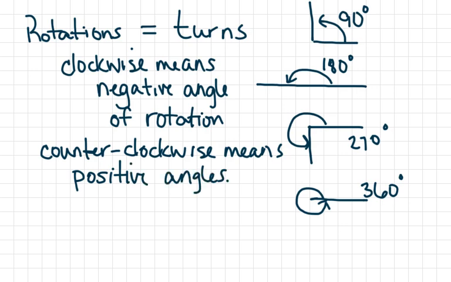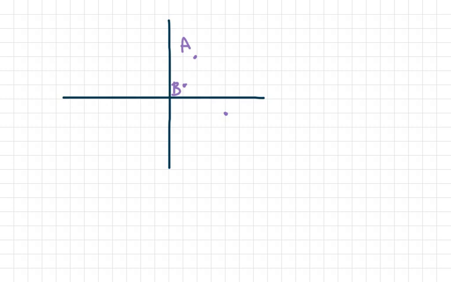Okay, so we're going to try to rotate a figure. So let's put a figure on here. And we're going to try to rotate it, so let's do triangle ABC. And I'm going to rotate this 90 degrees clockwise.